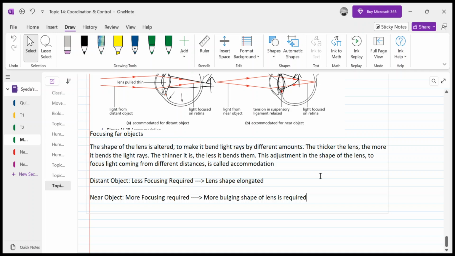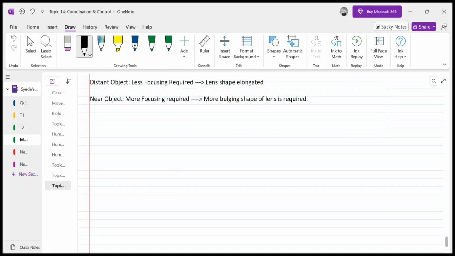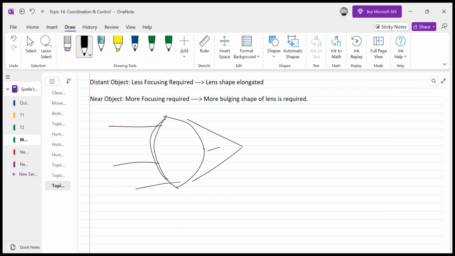Wait, this is what you need to understand. If something is more curvy, the light which is coming will be bending more. Try to understand, this is a concept you need to have.